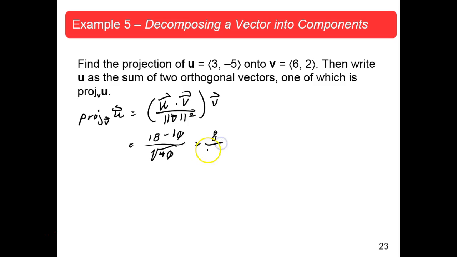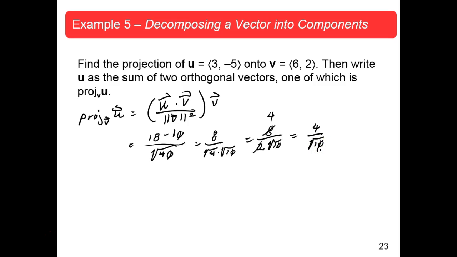Now we can improve on that just a little bit. The 8 over root 40. What is root 40? Simplify it a little bit. Is there a perfect square lurking inside 40? Yeah, square root of 4. So that would be square root of 4 times the square root of 10. So this would be 8 over 2 root 10. And 2 will go into 8 4 times. So it would be 4 over root 10.